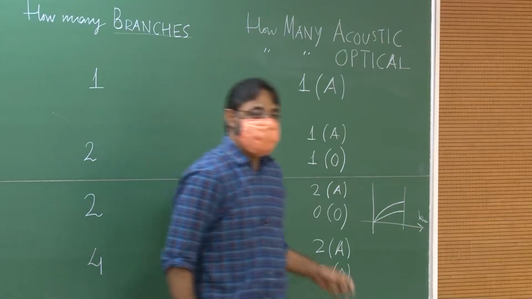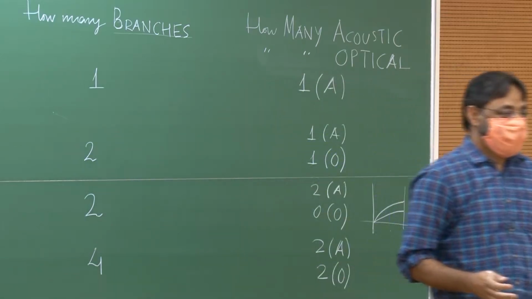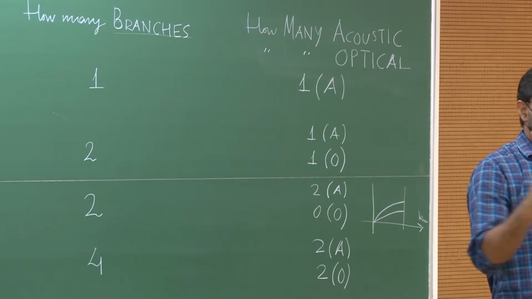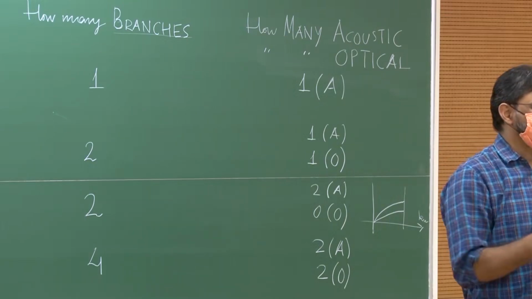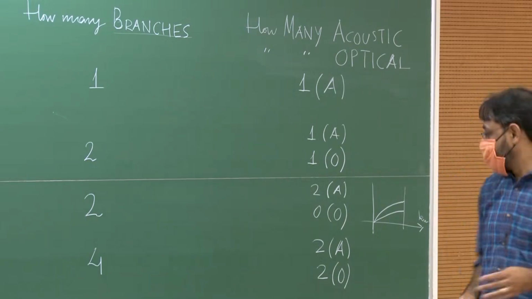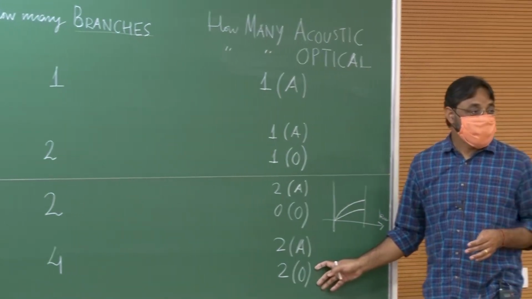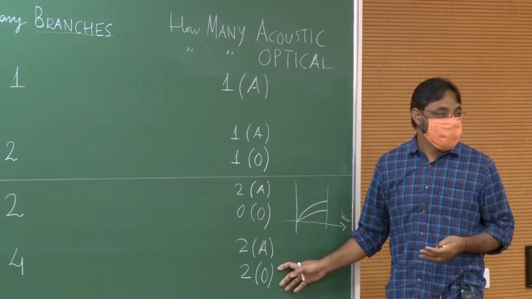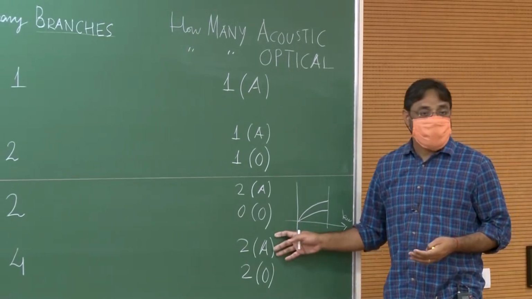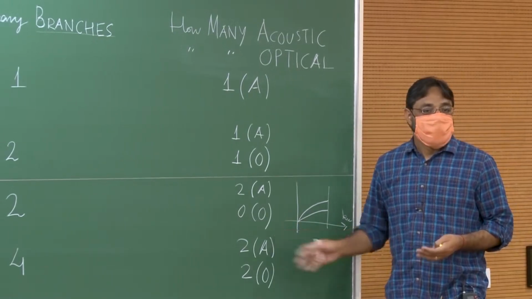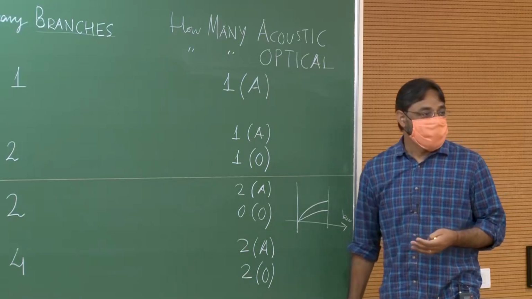The optical branches come only when there is a basis. The optical branches come only when there is a relative motion between the basis atoms, right? So the optical branches come by virtue of having a polyatomic basis, and the acoustic branches come because of the translational degrees of freedom.